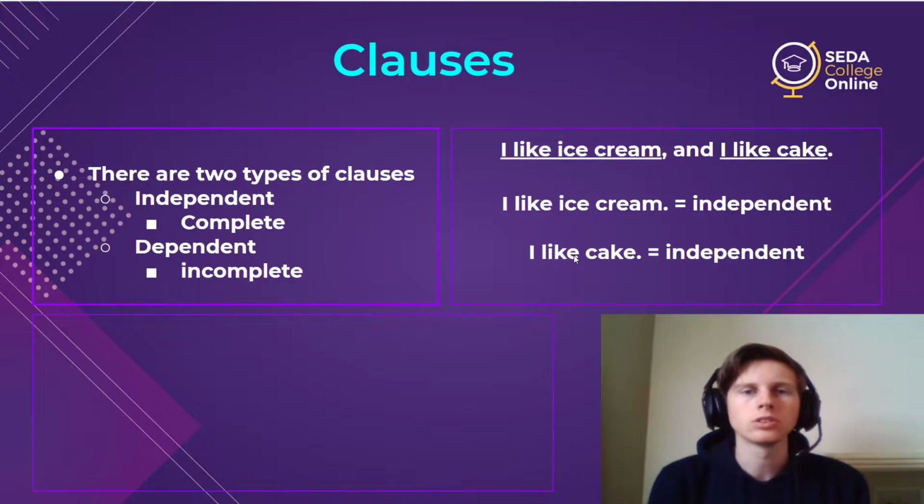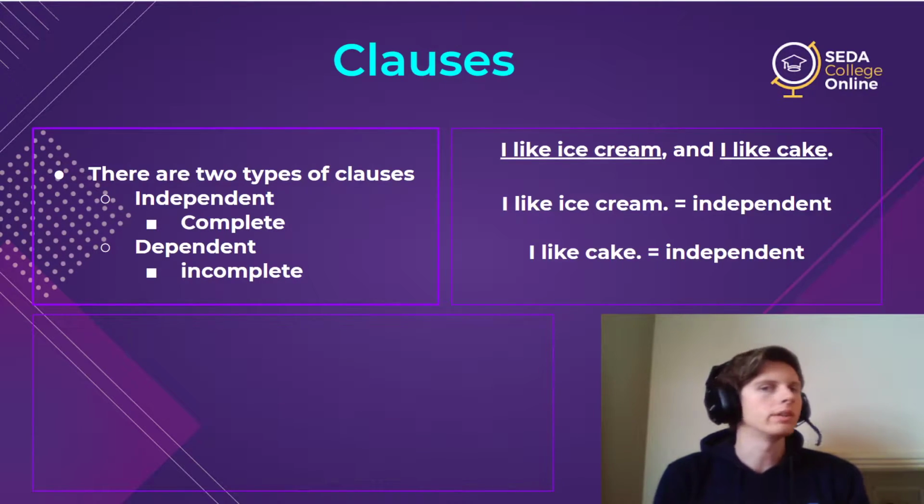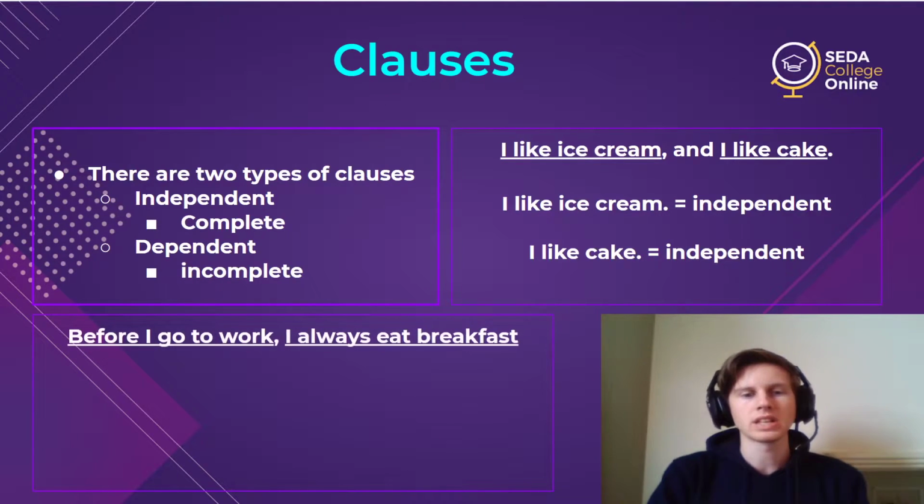They are grammatical, full English sentences. I like cake, I like ice cream. So they're independent. I do not need any more information, no other words, nothing. They're totally independent. But in a different sentence, maybe something like, before I go to work, I always eat breakfast.